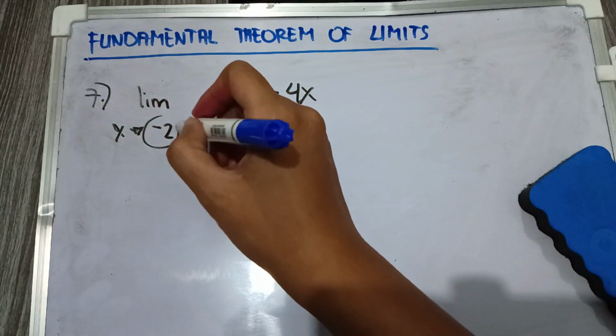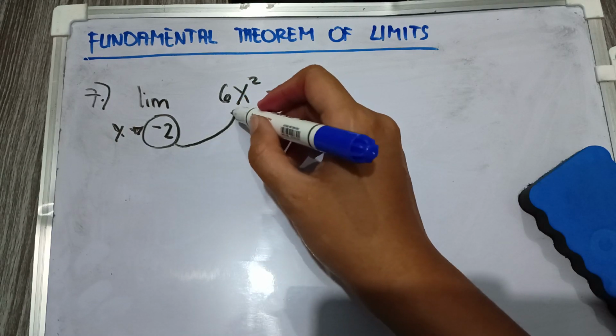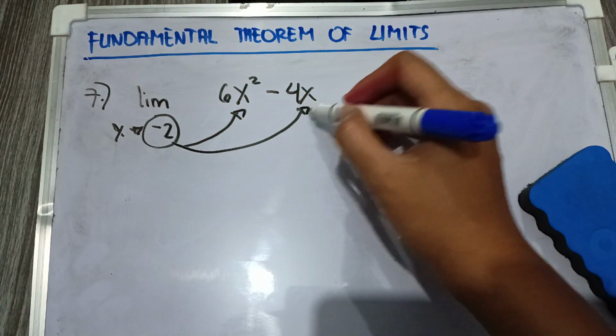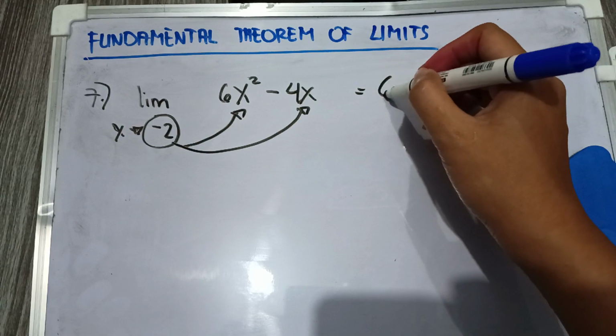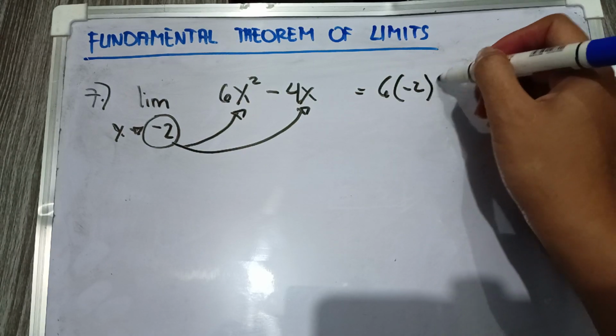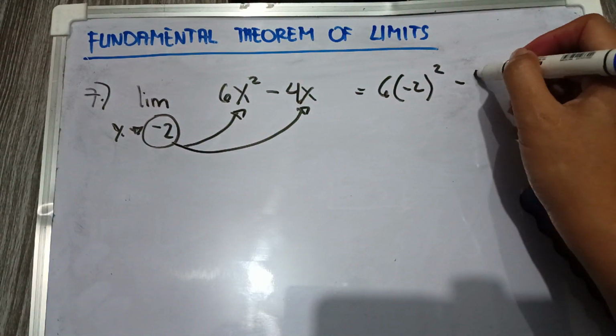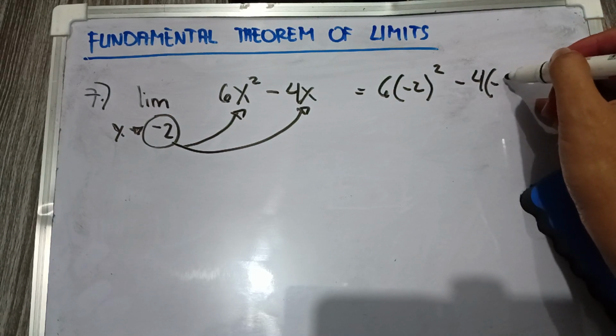Same process. Substitute this to this. So that will be 6 times negative 2 to the power of 2 minus 4 times negative 2.